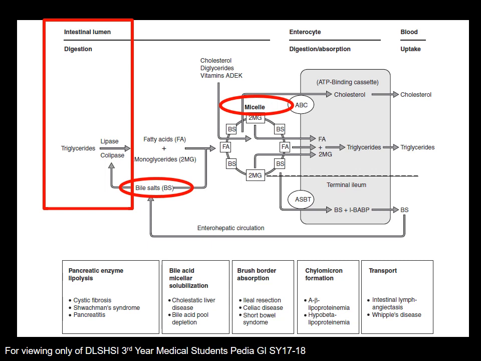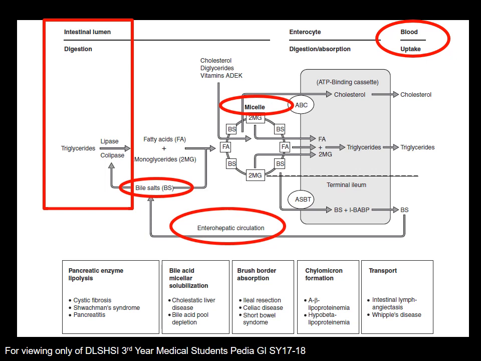On the other hand, the bile salts are presented to the enterocyte through the ASBT, and uptake in the basolateral membrane then occurs. After uptake, it will return to the enterohepatic circulation, or the bile acid pool, and the cycle continues. Any interruption in this process can lead to malabsorption of fatty acids.